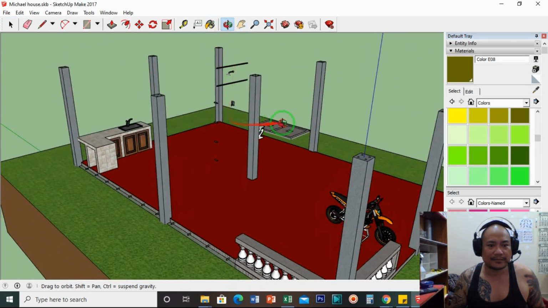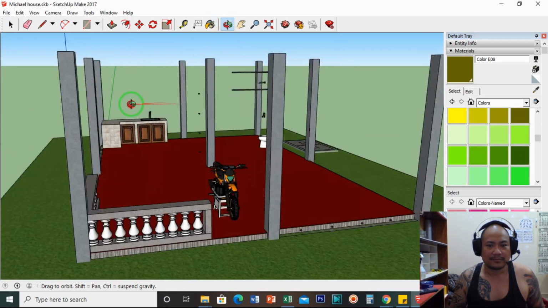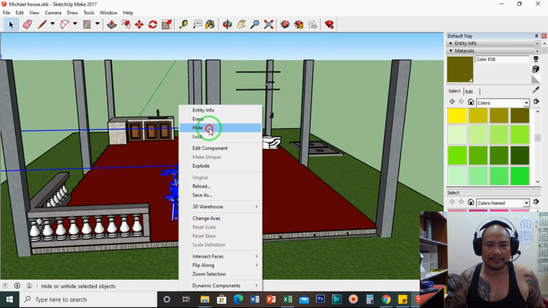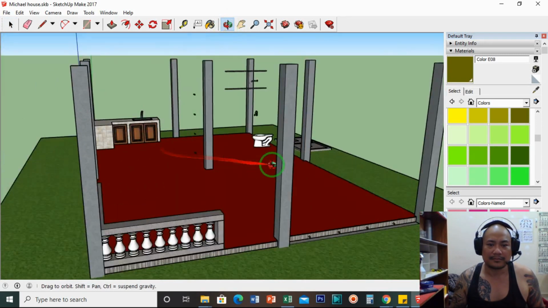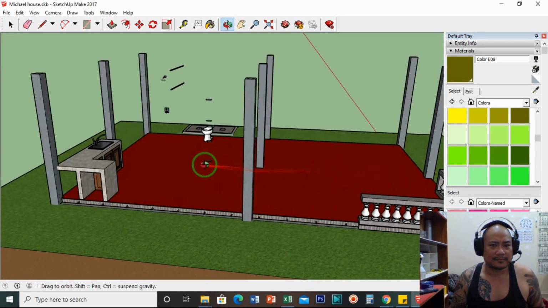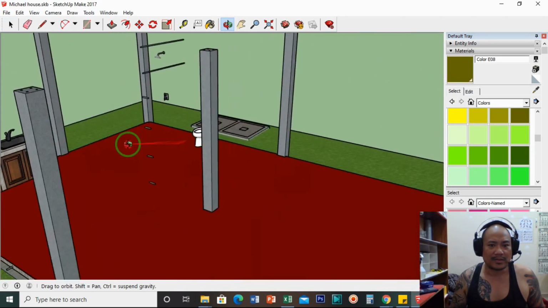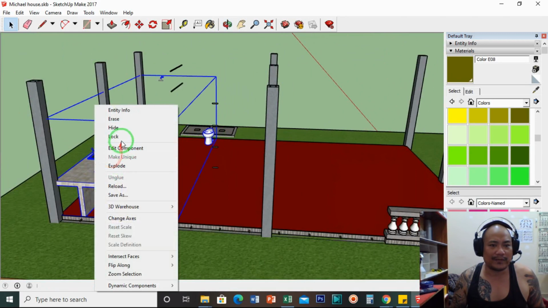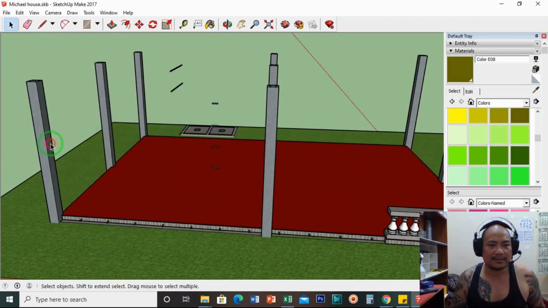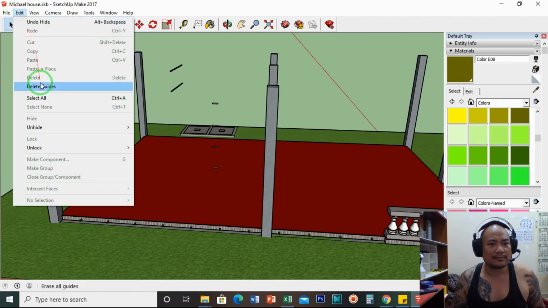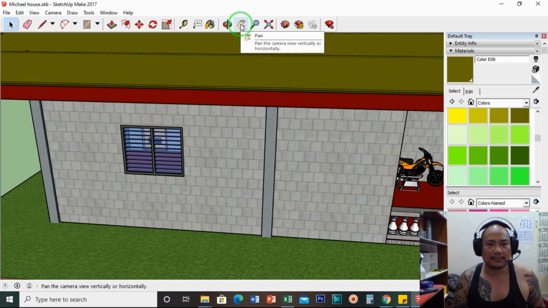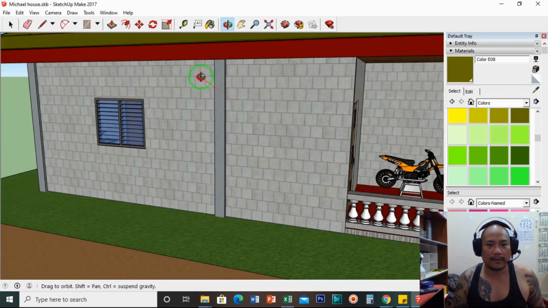Anyway, remove the bike. Why is this one not included in the rebars? Anyway, I will remove the zinc. Oh no.